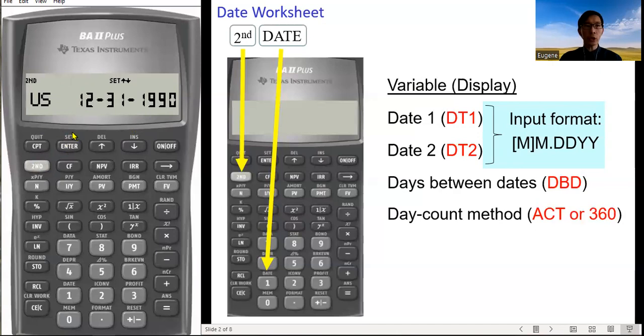Set is the second function of the enter key. So I press the enter key, and I set it to the European format: the day first, and then the month, and then the year. I'm using the US format, so I reset this again by pressing second and then set, back to the US format.